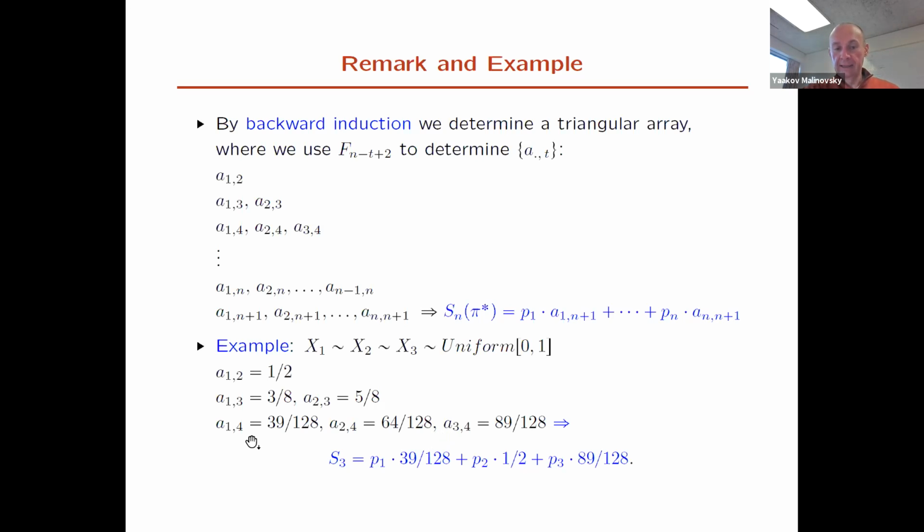Then the last step of backward induction gave the optimal expected values and the optimal expected reward. Exactly, this last step of iteration is going to be P1 times this quantity, P2 times this quantity, P3 times this quantity. So this is the demonstration of the Derman, Lieberman, Ross procedure.